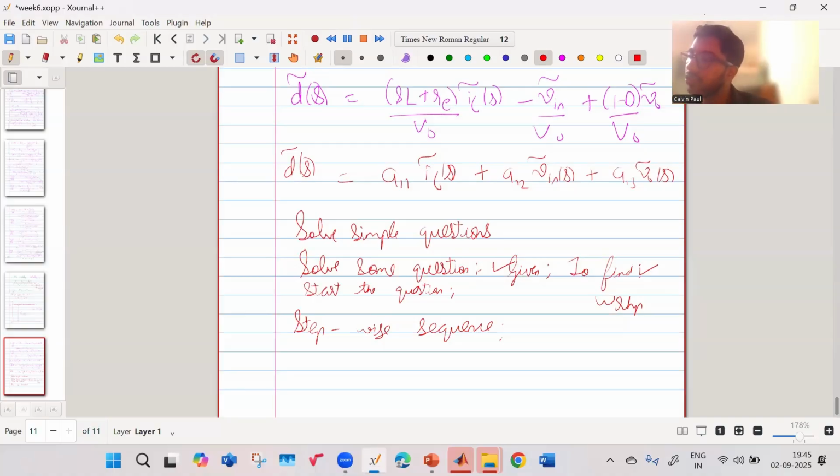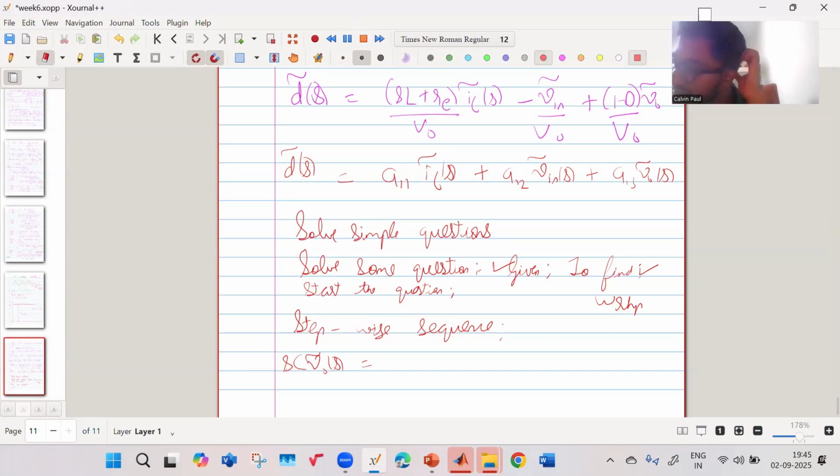In that manner you try to understand the question. Because here D perturb of S is A11 IC perturb of S plus A12 V in perturb of S plus A13 V output perturb of S. Assume this is there. In the next part, you might have S C V output perturb of S.